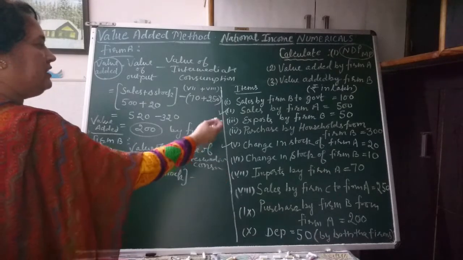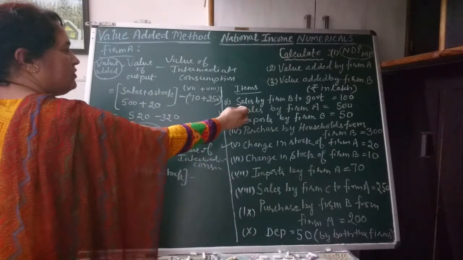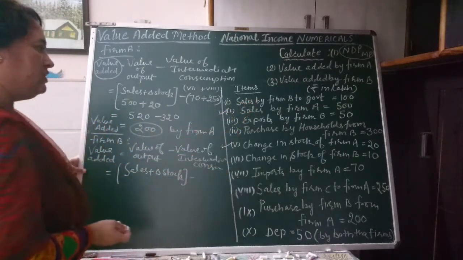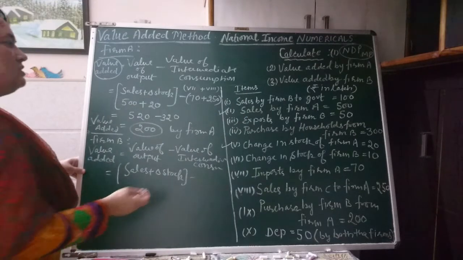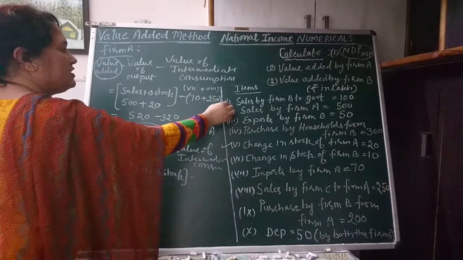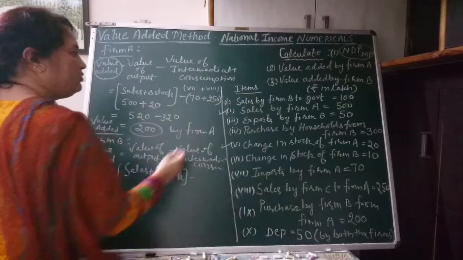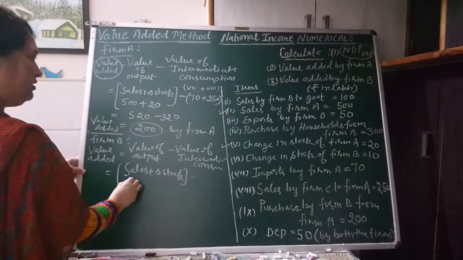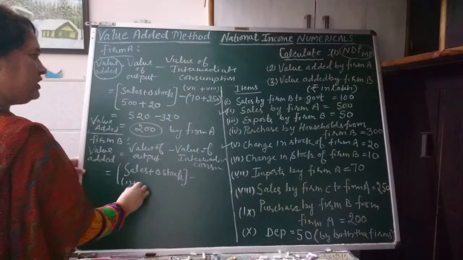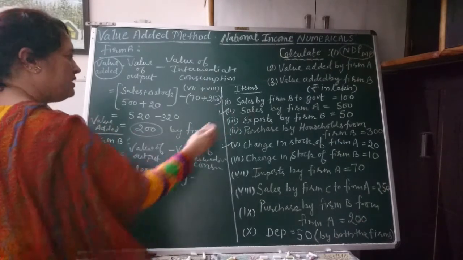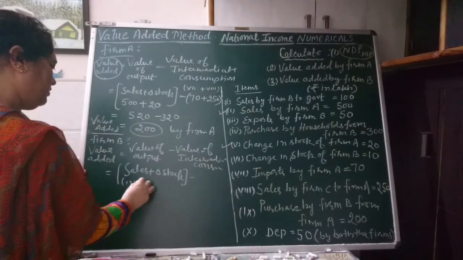A complete sale is not given, just like sales by firm A. So sales of firm B is not given. Rather we have to calculate different components of sales by B. Number 1, sales by firm B to government, item number 1, is a component of sale. Then exports by firm B, item number 3, is also a part of sale.